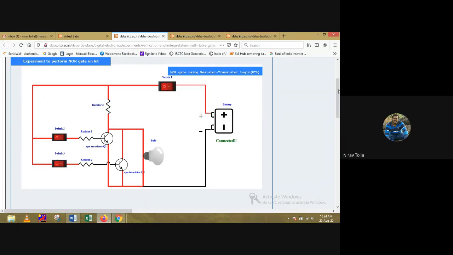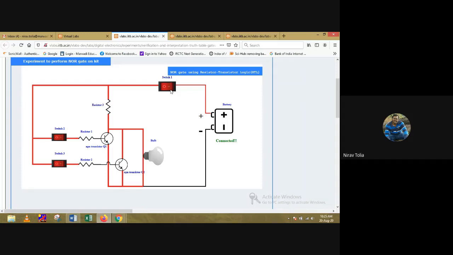For 00, the output is 0, and for all the other states, 01, 10, and 11, my output will be 1. So here we have the reverse process. For 00, my output is 1. For all other states, 01, 10, and 11, my output will be 0.